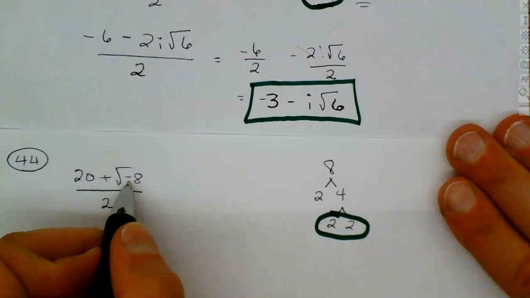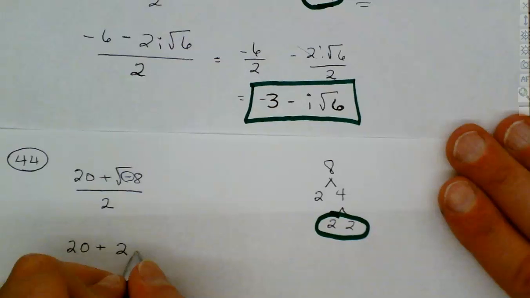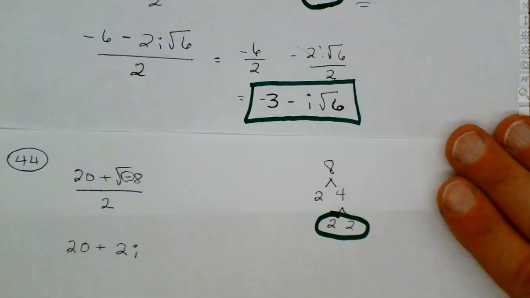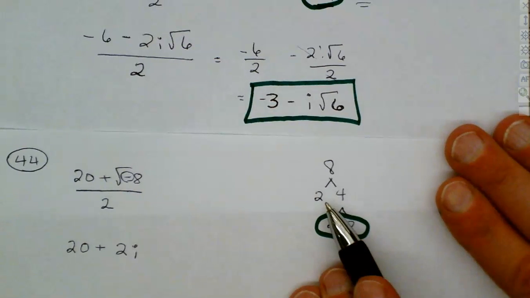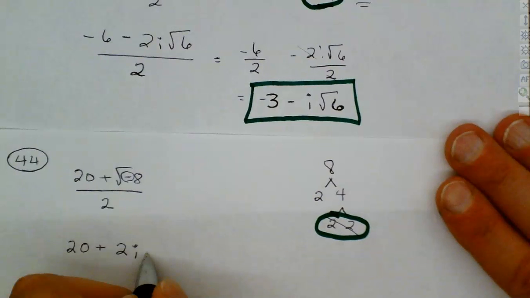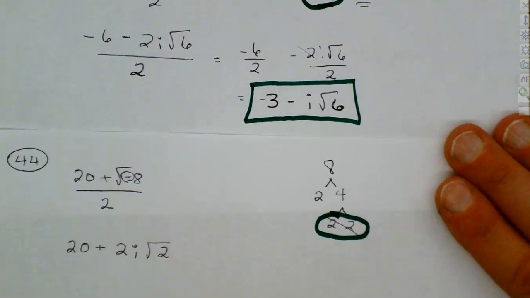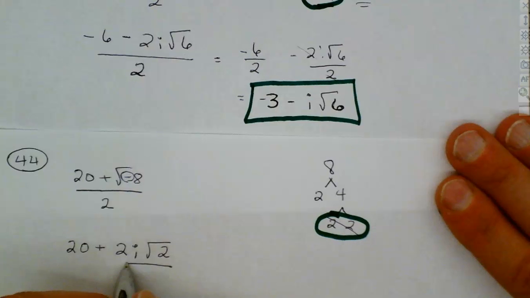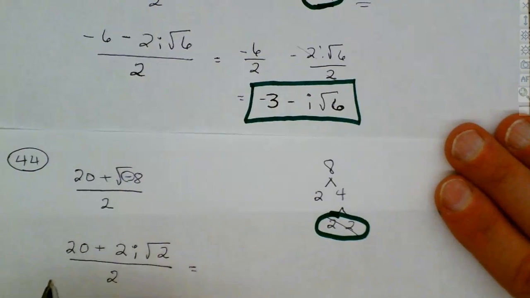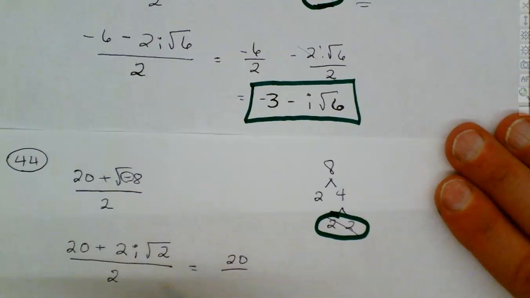We have a negative underneath our root, so an i comes out as well. And what's left over that doesn't have a pair? 2. So that's left over underneath that root. And that is all over now what? 2. Break it up into individual fractions, and then you reduce.